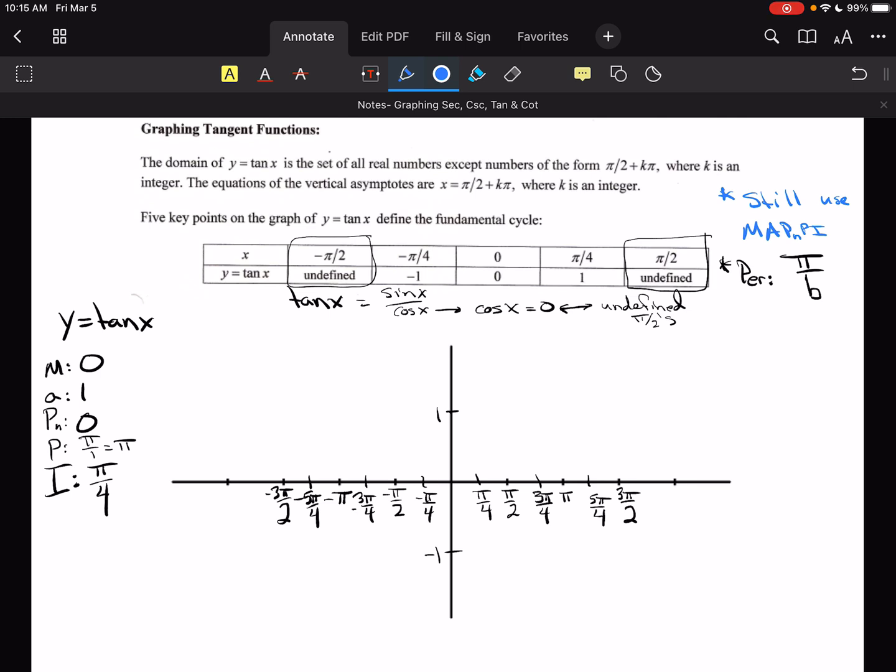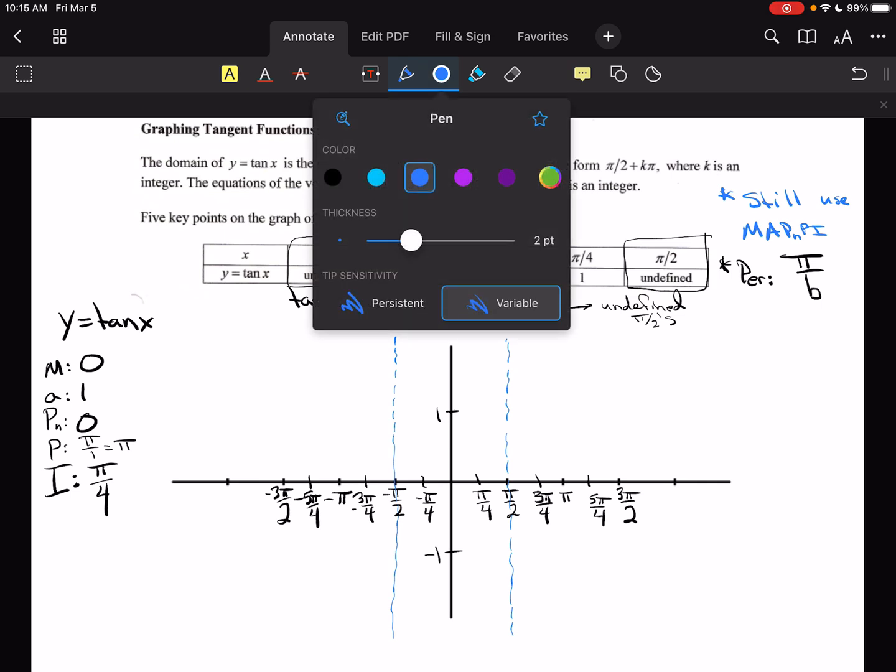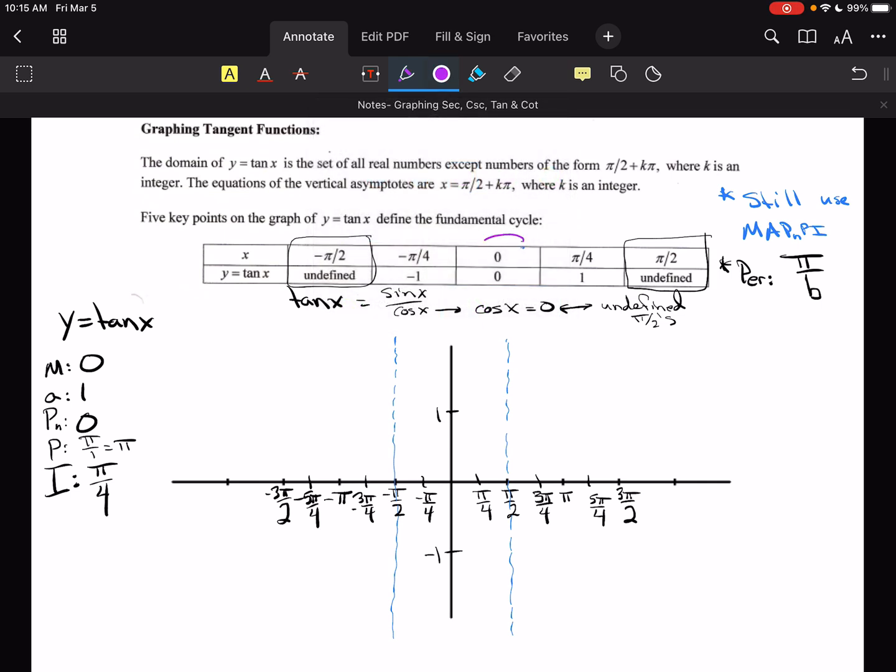So if I look at my table here, here's negative pi over 2. Here is positive pi over 2. Then I have my center point.